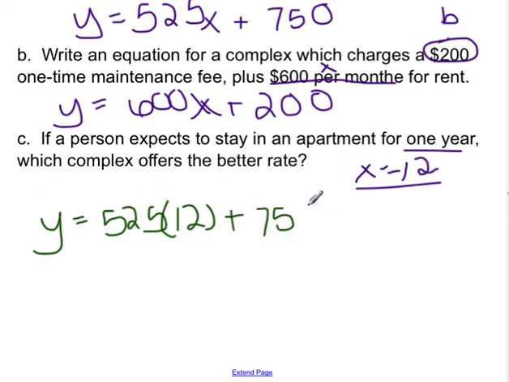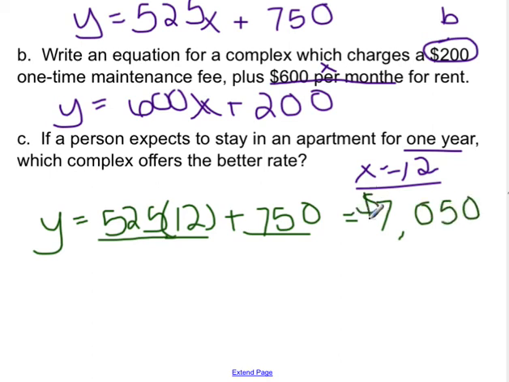So then I can go over to my handy dandy calculator because I came so prepared to class that I have one. I can take 525 times 12 and add 750. And when I do that, I get $7,050. So over the whole course of the year, I pay $7,050.